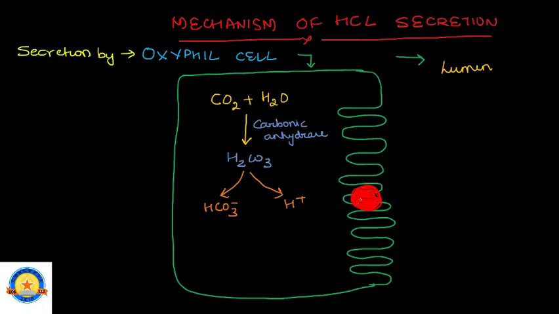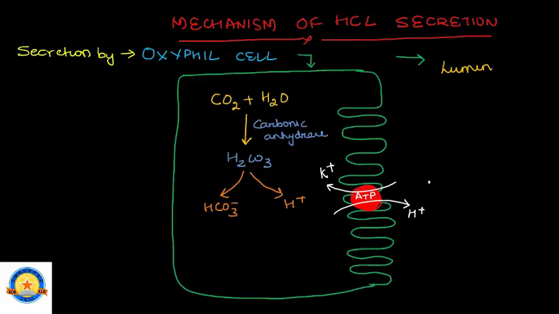The function of this channel is that it will pump in one potassium and pump out one hydrogen ion into the lumen, by utilizing ATP.